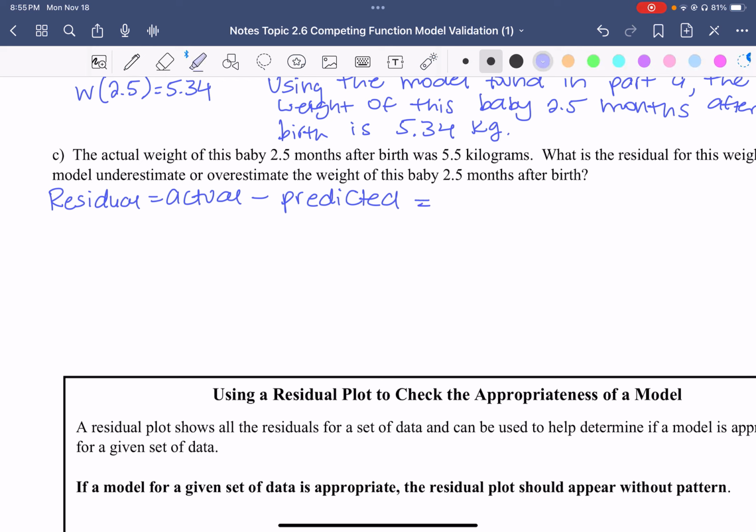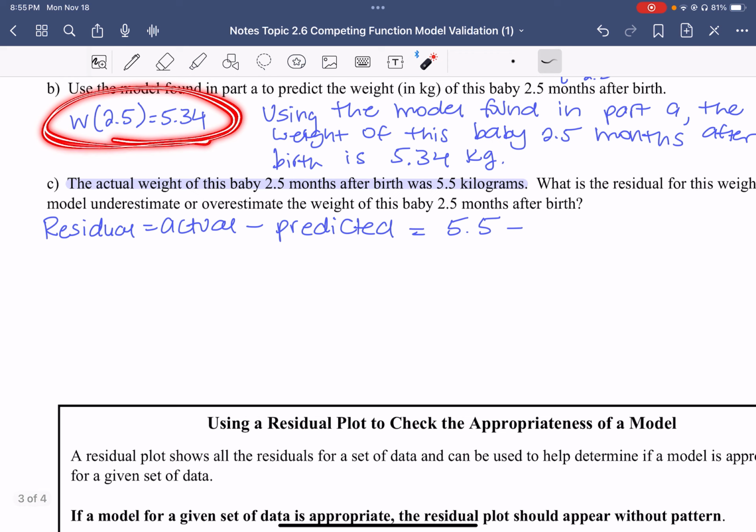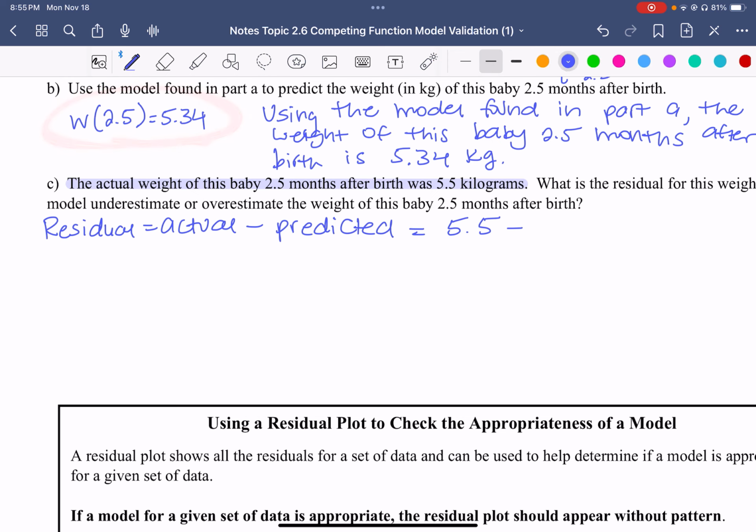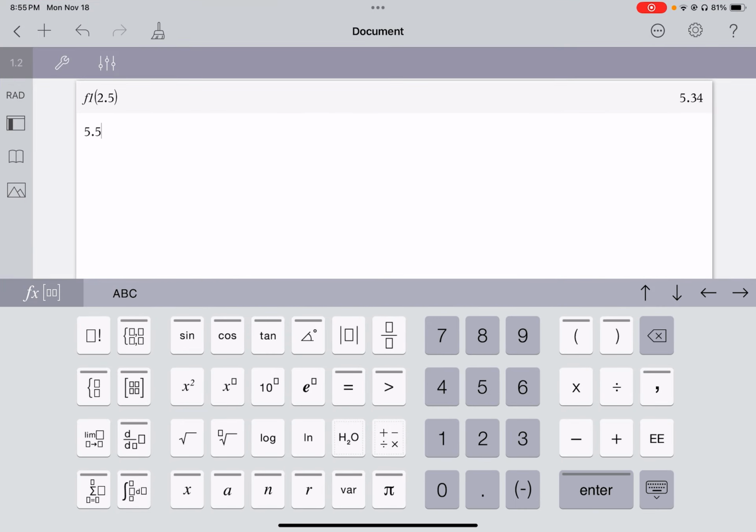Remember that the actual is given to you in the question, and it said the actual weight was 5.5 kilograms. So the actual weight was 5.5. My predicted weight was what I got in the calculator when I plugged in 2.5. So the predicted weight is 5.34. So to find the residual, I would just do 5.5 minus the 5.34 that we had got earlier, and you get 0.16.